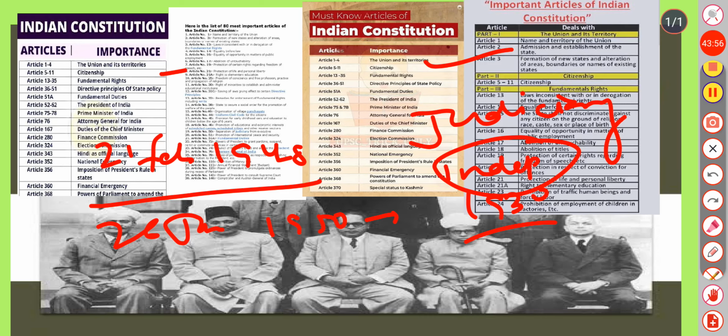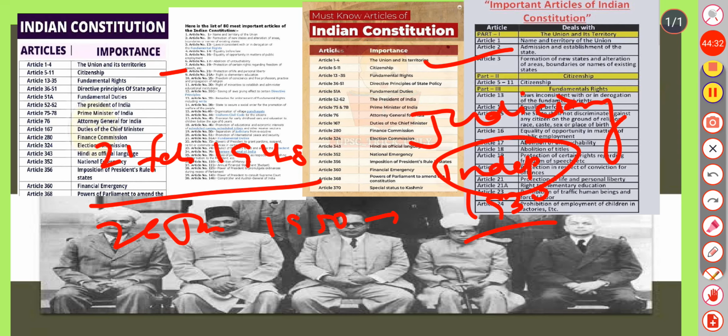Now move to the right to freedom. Under this, article 19 is protection of certain rights regarding freedom of speech, article 20 is protection in respect of conviction for offences, article 21 is protection of life and personal liberty, article 21A is right to education, and article 22 is protection against arrest and detention in certain cases.